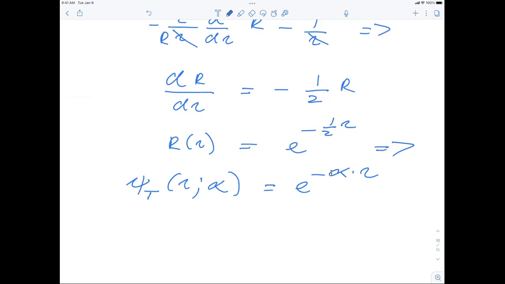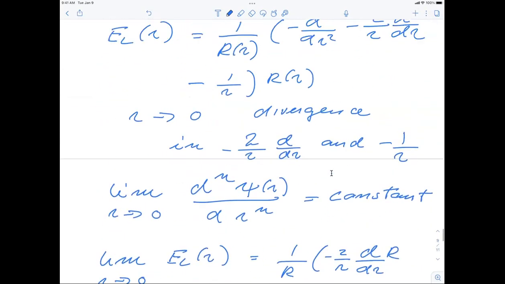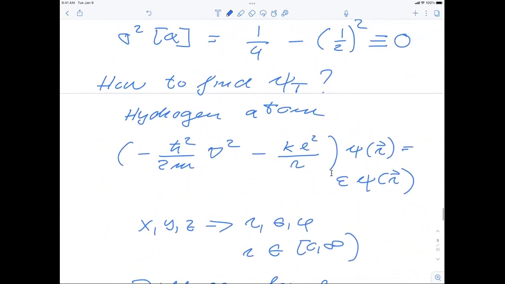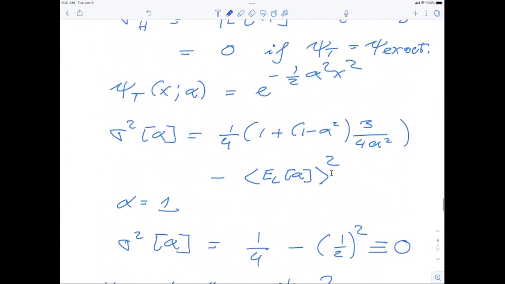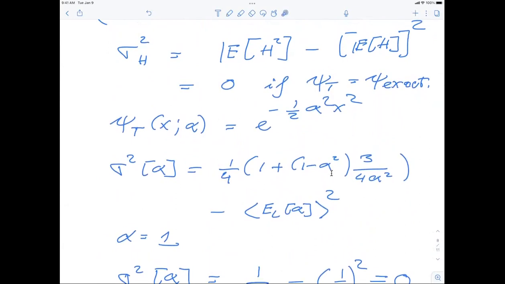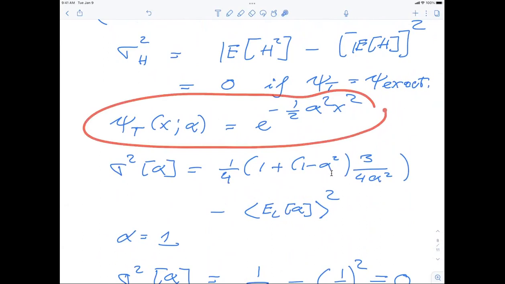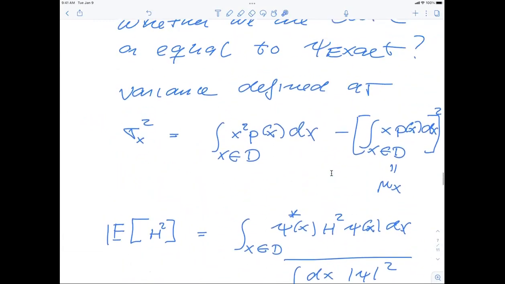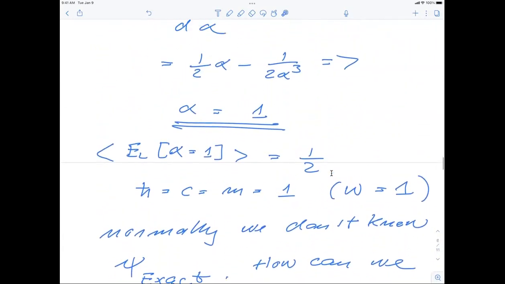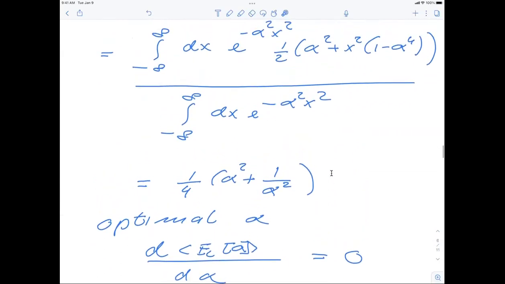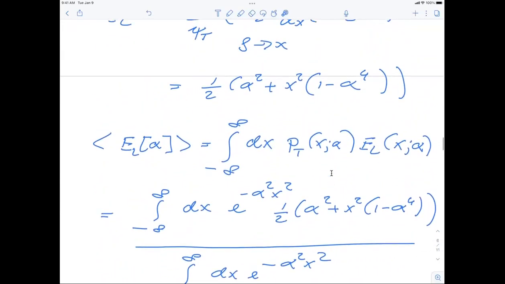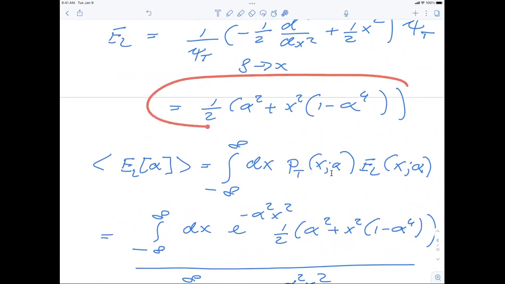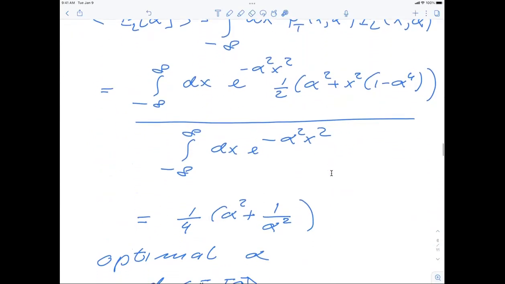So the first step in our coding here, since we are dealing with a harmonic oscillator problem, is simply to try to implement this specific function here. In this specific case, we have a very nice expression for the trial or the local energy. We know that the local energy here is given by this function here. This is something which we can integrate analytically, and we get a closed form expression in terms of the parameter alpha.